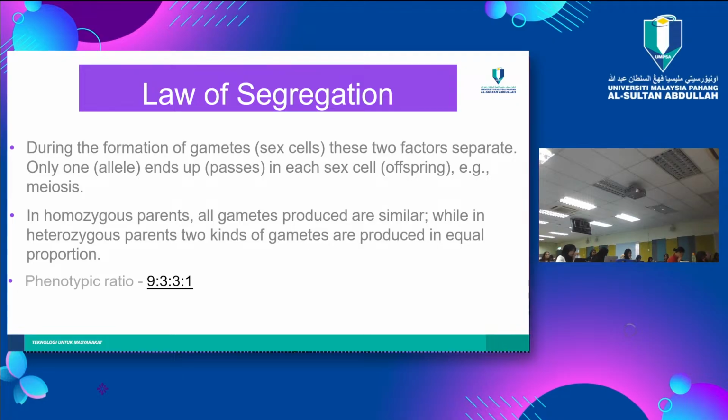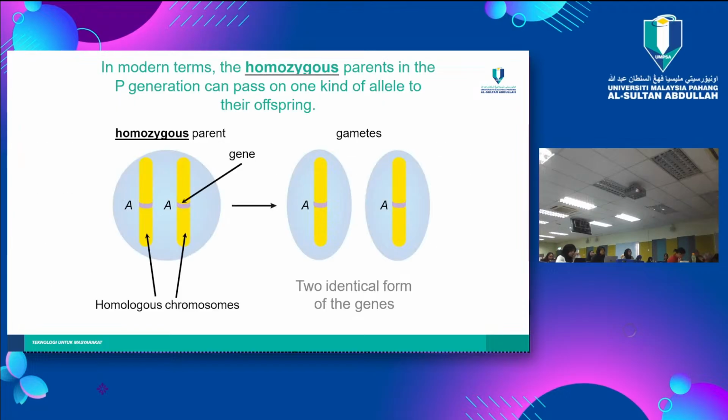So the ratio, compared to the law of segregation, for the second law is 9 to 3 to 3 and 1. So let's understand what's happening here. In the homozygous parent, we have the homologous chromosomes, and the gene or alleles will be on the homologous chromosomes.